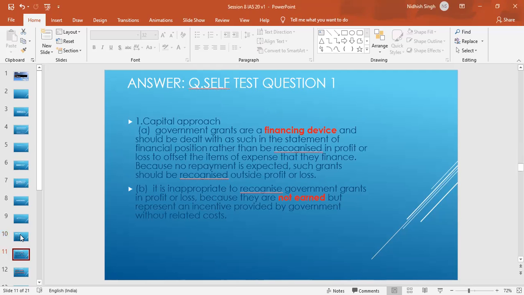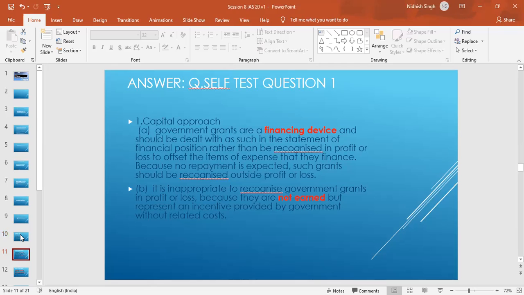Government grants are a financing device and should be dealt with as such in the statement of financial position. While government is giving support on a day-to-day basis, some argue that it is not really earning, so why reflect it in the P&L?